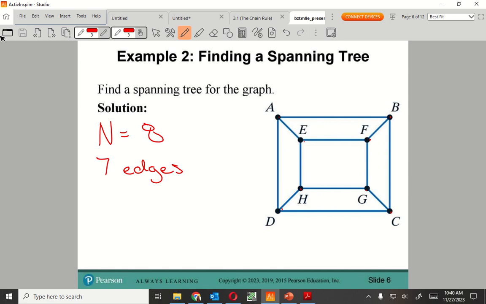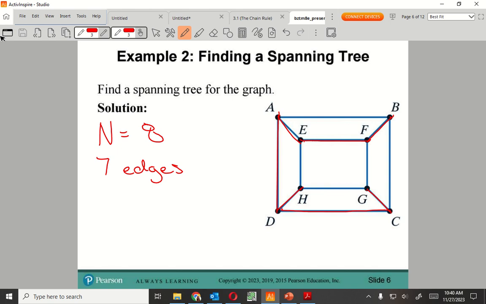Anyway, all right. So we can only have 7, so we have to connect them all. So let's just start by connecting the ones that we have. Let's go 1, 2, 3, 4, 5, 6, 7.